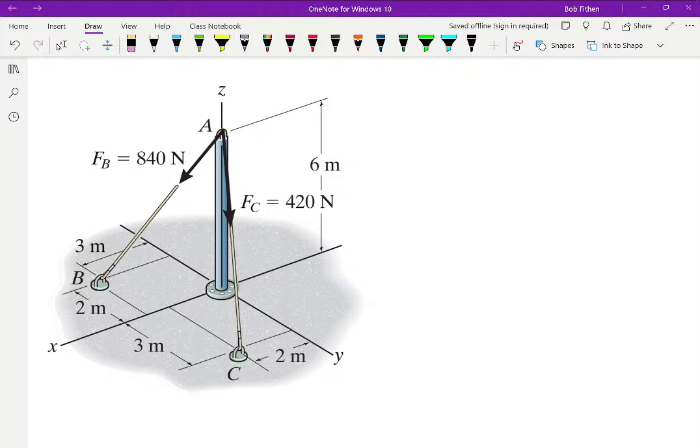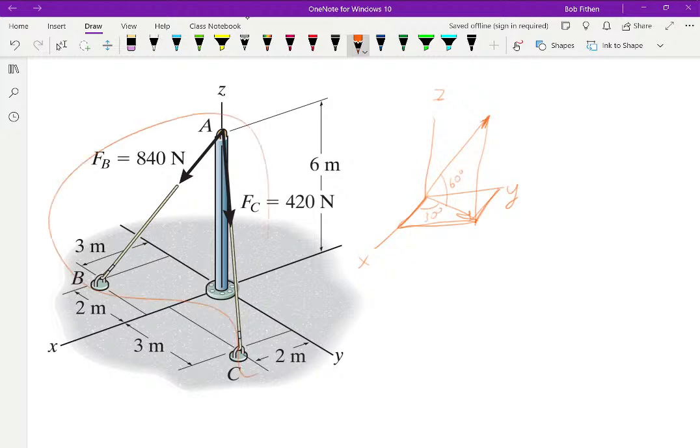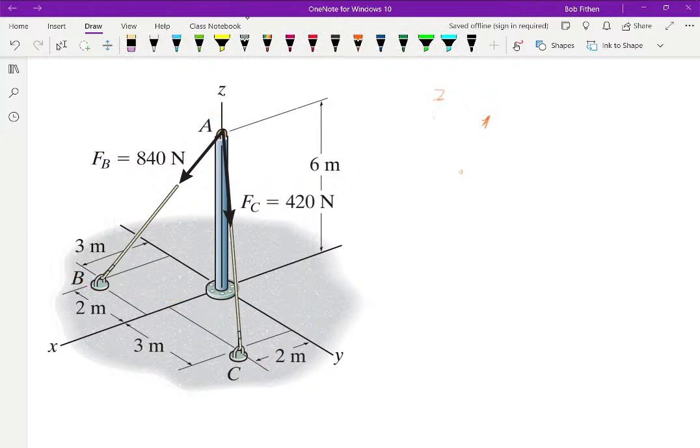The vector itself isn't given the same way. In other words, previously it would have been given x, y, and z. It might have been given in this way, where maybe this was 60 degrees and maybe this was 30 degrees. In here, you see no angles at all. So this is a completely different representation.